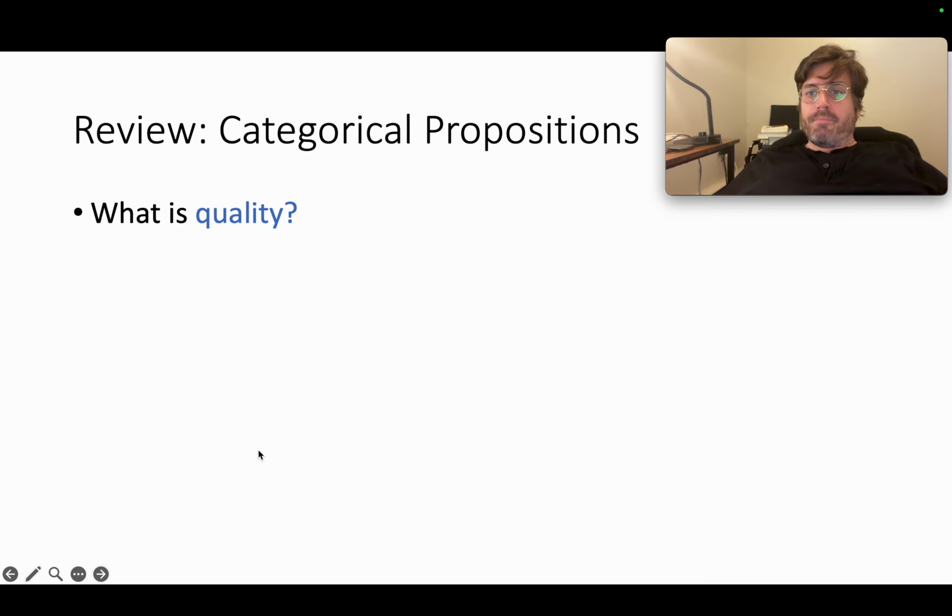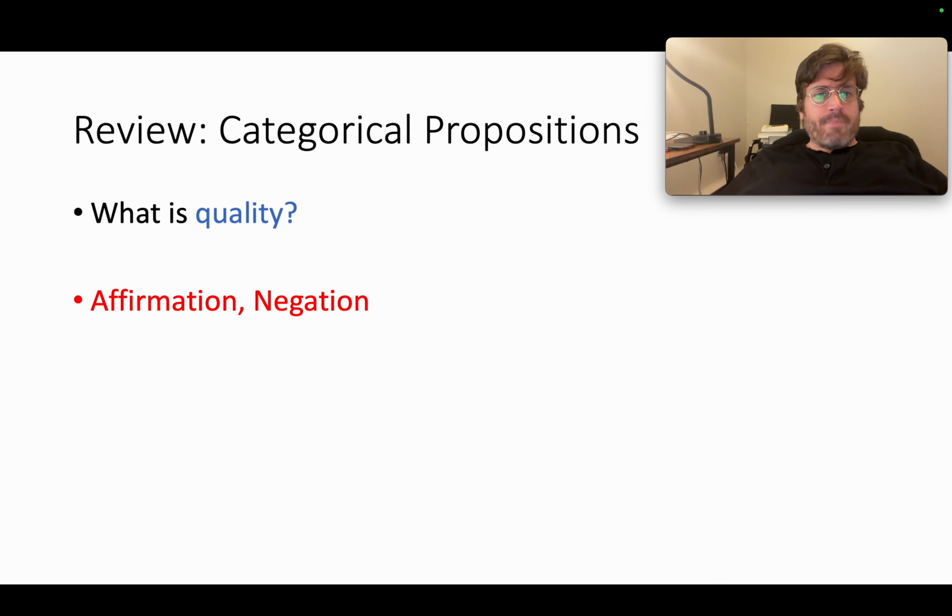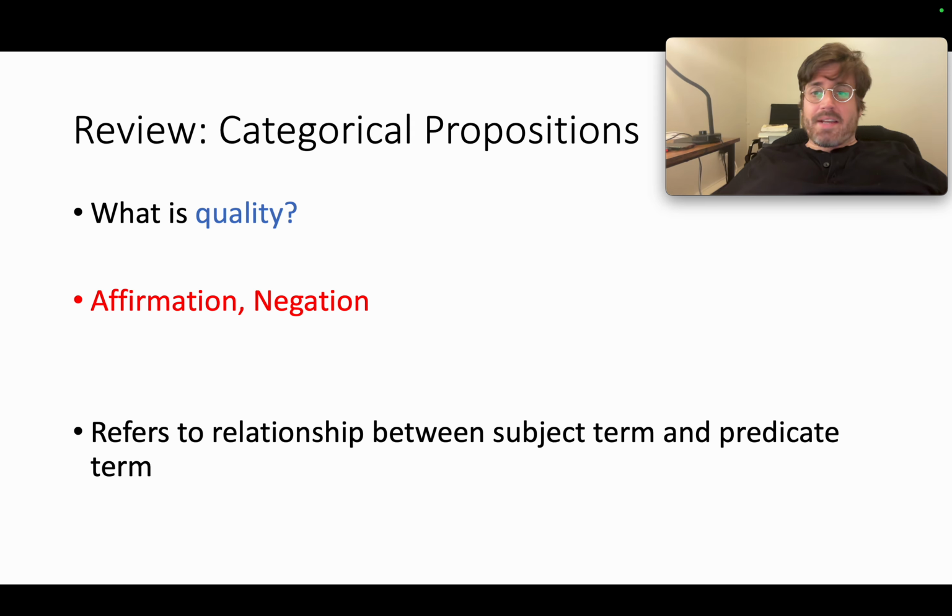What is quality? Quality refers to really the relationship of the class term subject and predicate. Qualities can take the form of affirmation or negation. Affirmation, really, I like to think of it as inclusion, and negation can be thought of as exclusion. So it refers to the relationship between the subject term and the predicate term.